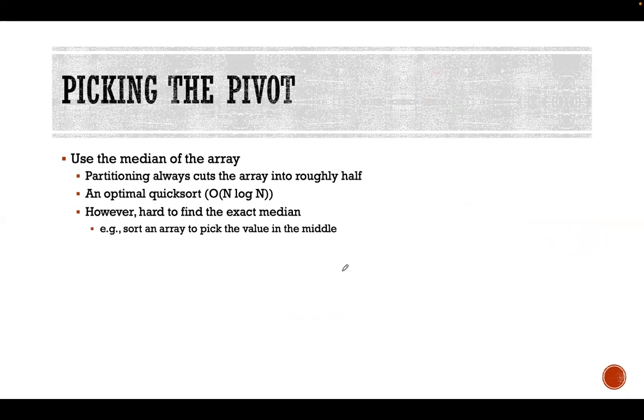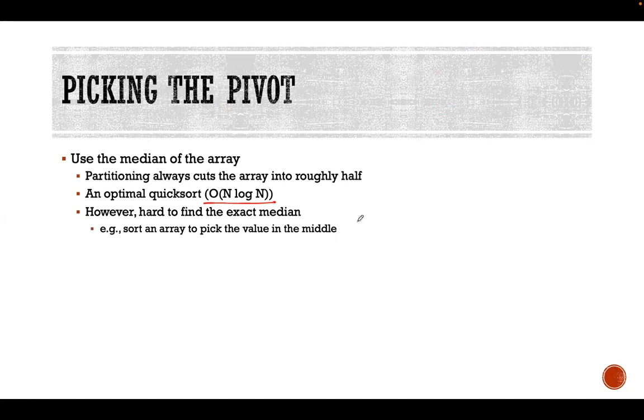Another strategy to pick a pivot is to pick the median of the array. If partitioning always cuts the array into roughly half, we know that this is going to give us the best case scenario, and the optimal quicksort is going to give us a runtime in order of n log n.